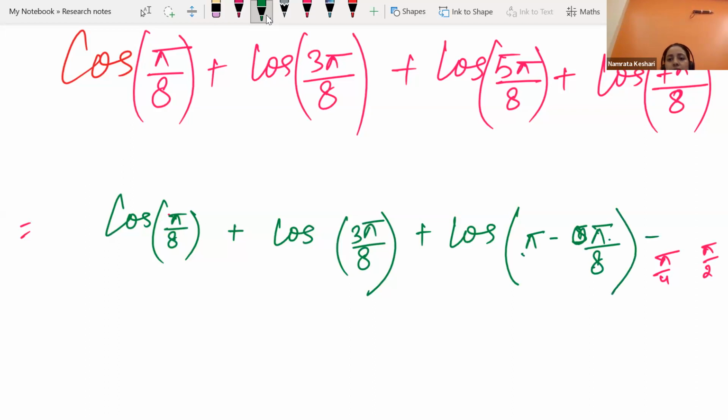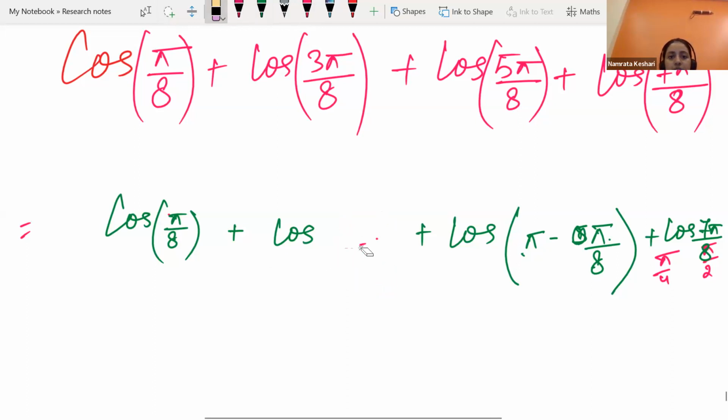Yeah. And this 3 pi by 8, can we write it as a, check it, pi minus... just a second, we have to do the arrangement of it.